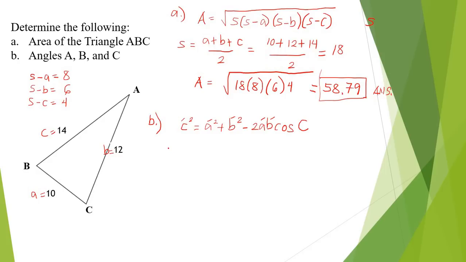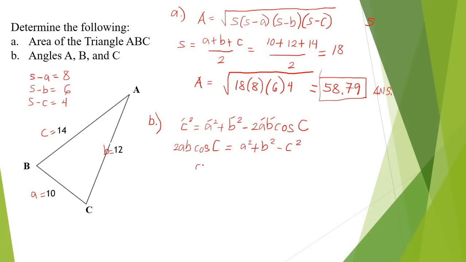So in this case, we have 2AB cosine C is simply equal to A squared plus B squared minus C squared.